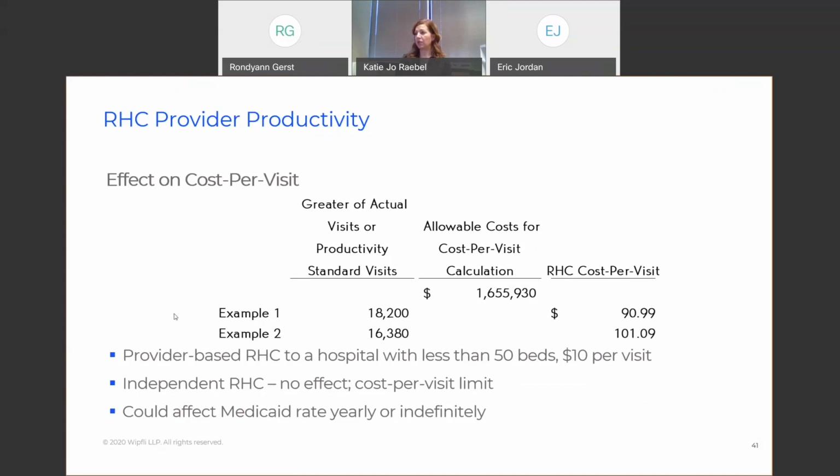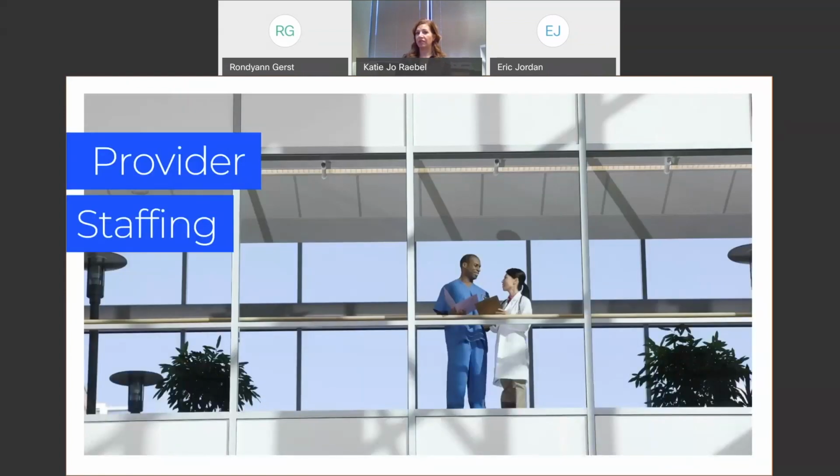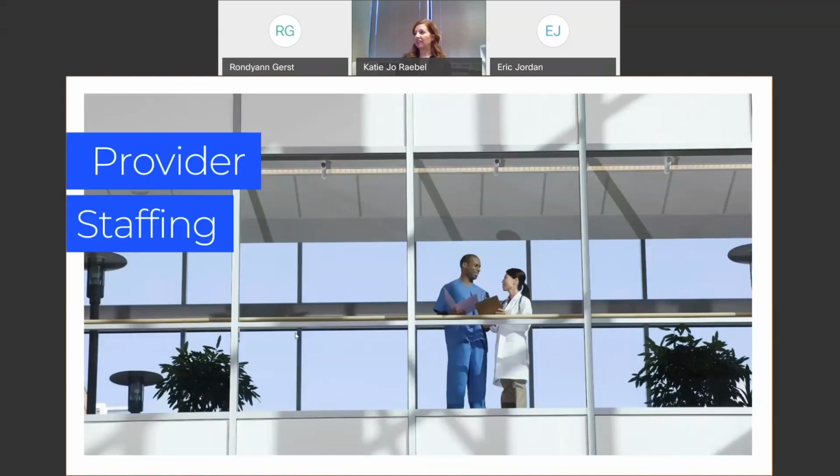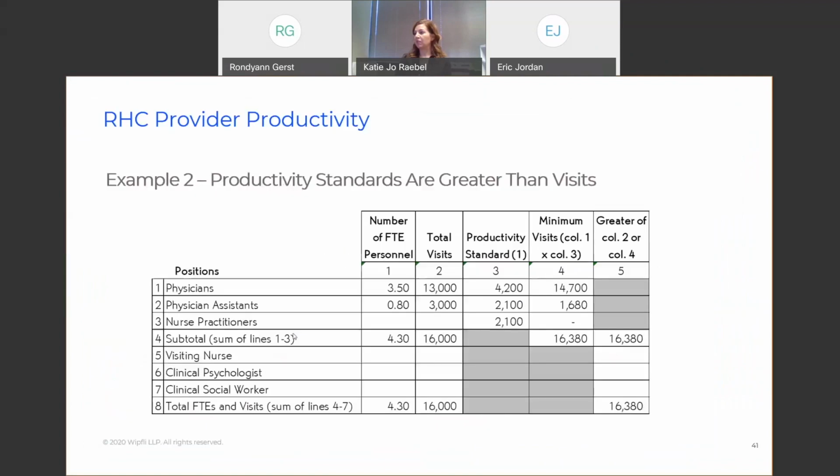So this is a really important component of the cost report. And when we talk about provider staffing, again, that FTE component is really important. We have FTEs that are reported for each type of provider. If we go back and look at this example, notice that productivity standards only apply to our physicians, PAs, nurse practitioners, and certified nurse midwives.